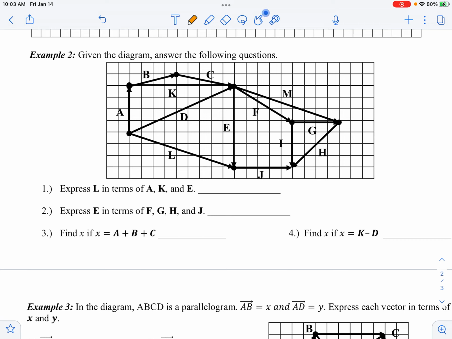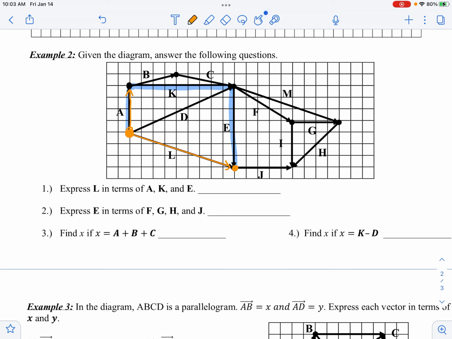So the first one says, express L in terms of A, K, and E. So here I want to use A, K, and E to represent L. So let's find L first. L starts here, ends here, right? And it goes in this direction, okay? So here's A, here's K, and here's E. So I'm going to go from the start to the end and see if I'm going in the opposite direction or the same direction.